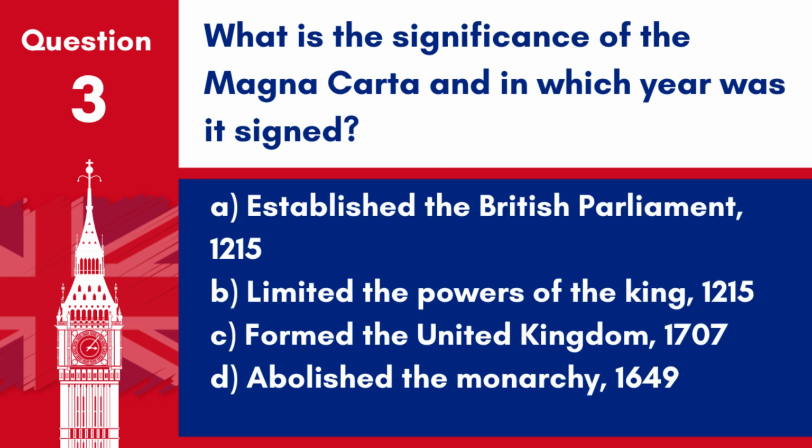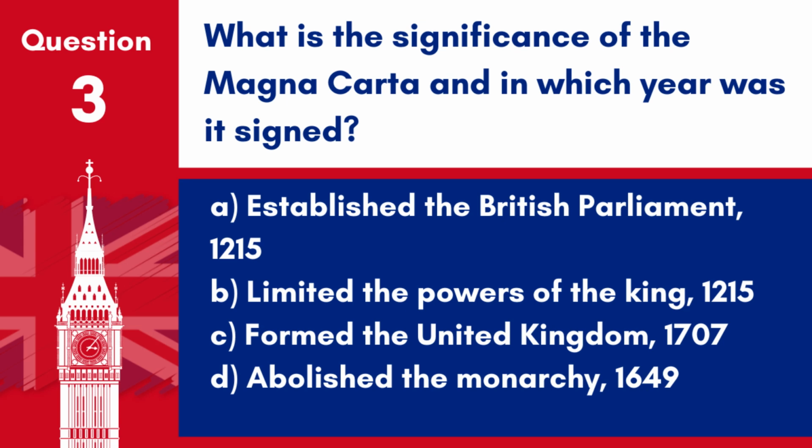Question 3. What is the significance of the Magna Carta and in which year was it signed? A. Established the British Parliament, 1215. B. Limited the powers of the King, 1215. C. Formed the United Kingdom, 1707.